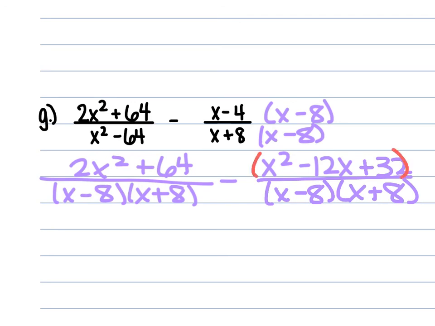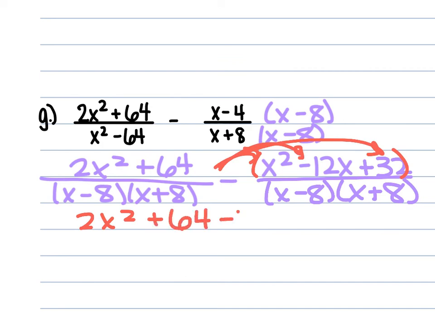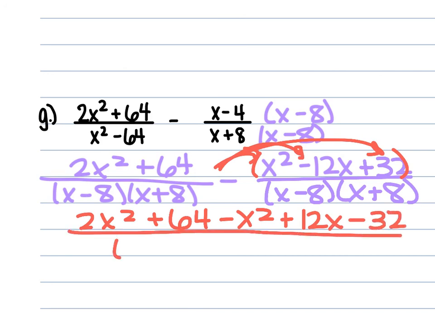We're going to distribute that negative so that we have 2x squared plus 64 minus x squared plus 12x minus 32 all over x minus 8 times x plus 8. We can tell too now that x cannot equal positive or negative 8.